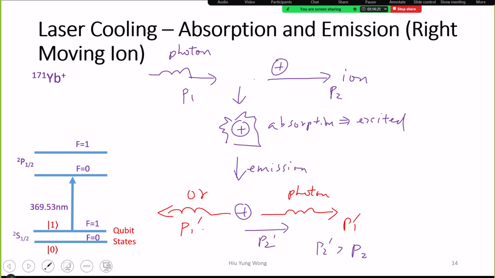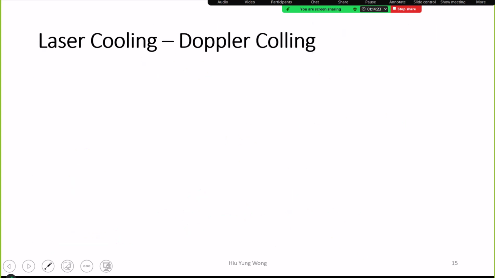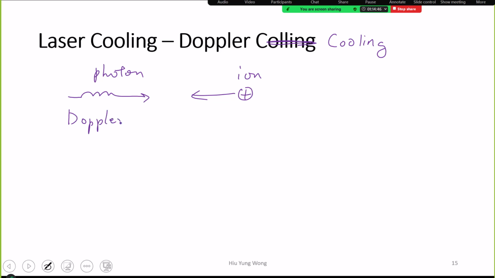So now go to what you said, the Doppler cooling. When the photon is going towards the ion, you actually will have a Doppler shift. What is that?